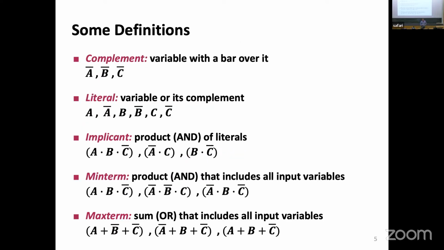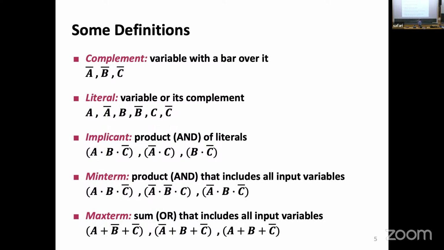So first of all, let's start with the first one. We already saw this. If a variable, an input, A, B, C, we will call it a complement if it's a variable with a bar over it. And literals are variables or their complement. So if I have inputs A, B, and C, I know that A and not A, B and not B, C and not C are all literals that I can use.